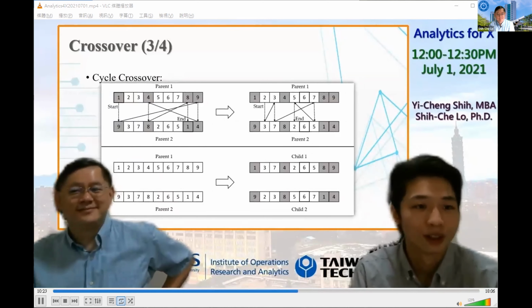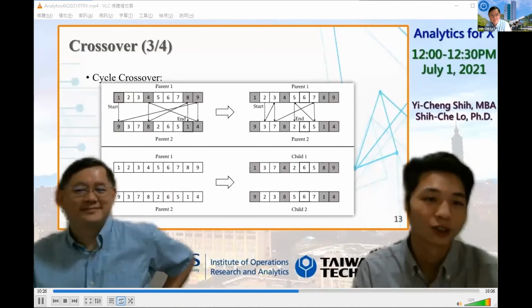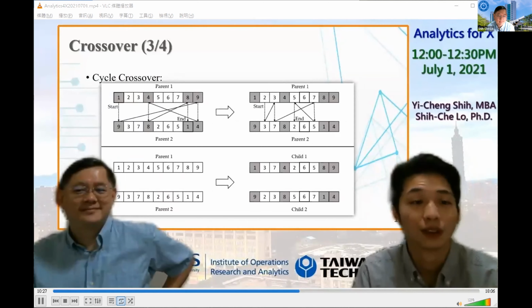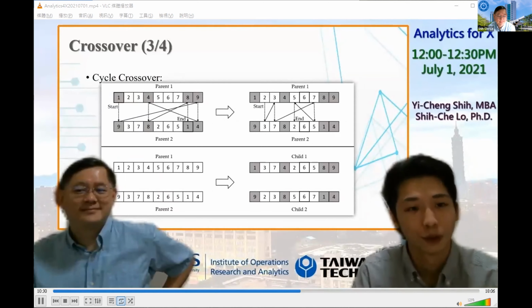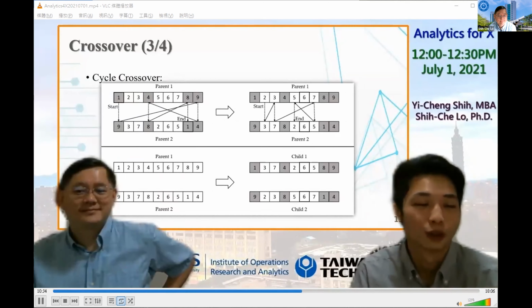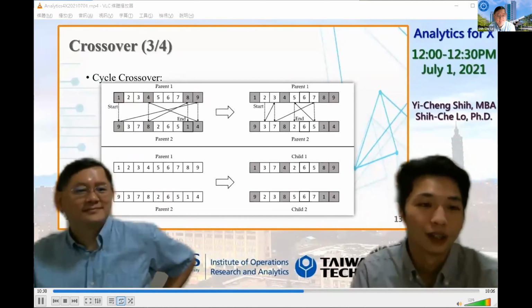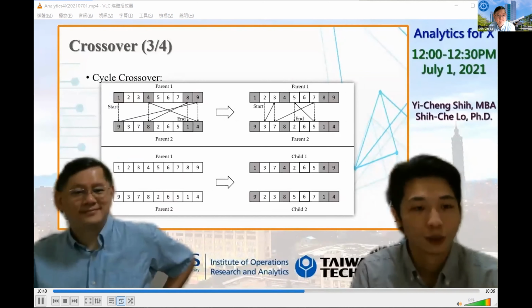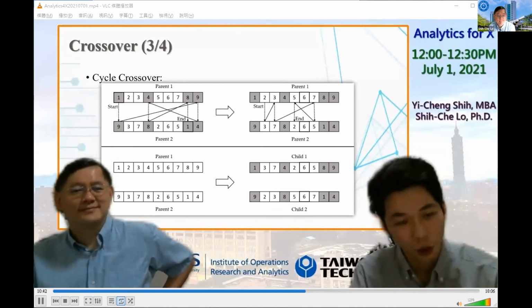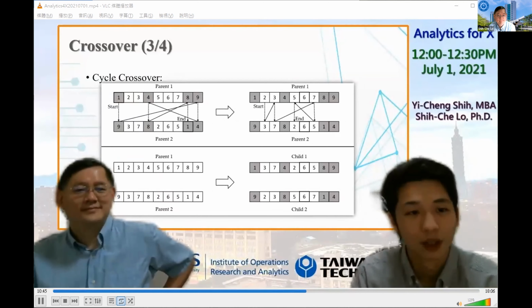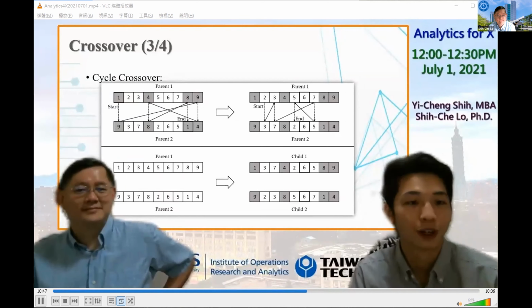And the third one is cycle crossover. Cycle crossover will first randomly choose a start position for parent 1. For example, parent 1 will choose the first position as the start position, and then the next position will be according to the element of the mapping position of parent 2.